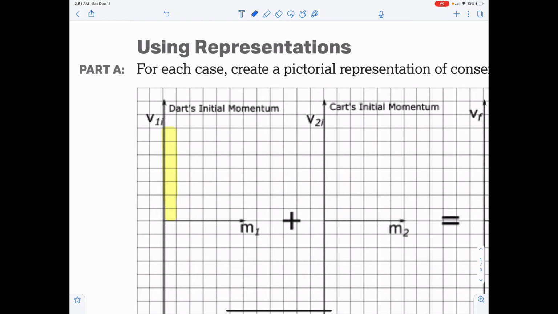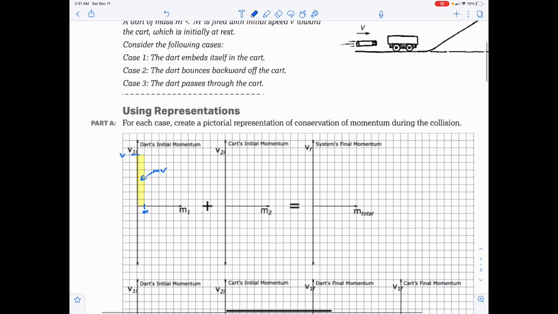So I have 7 boxes shaded, 7 mass units. So this is going to be the velocity. This is going to be the mass, and the area of that would be mass times velocity, or the momentum. You can see it's 7 boxes shaded.